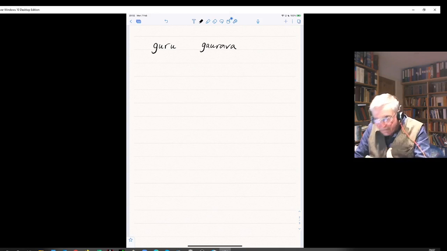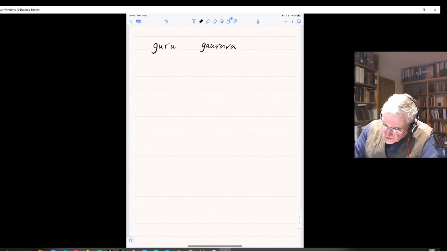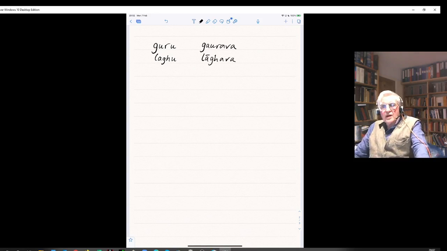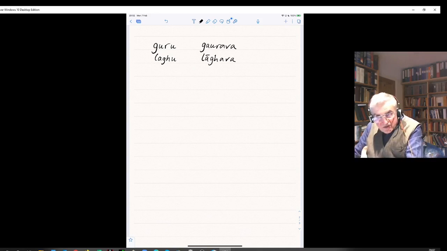And the same is done with laghu. Lightness or levity becomes, by vriddhi of the a that lengthens, laghava. So that is how we get from the adjectives guru, laghu to the abstract nouns gaurava, laghava, heaviness, lightness.